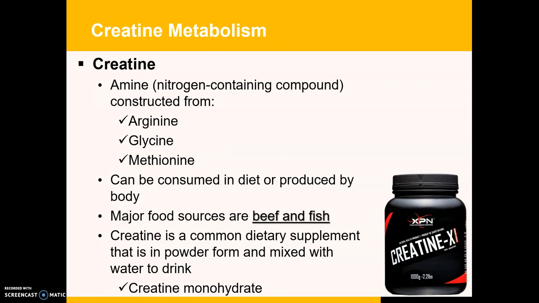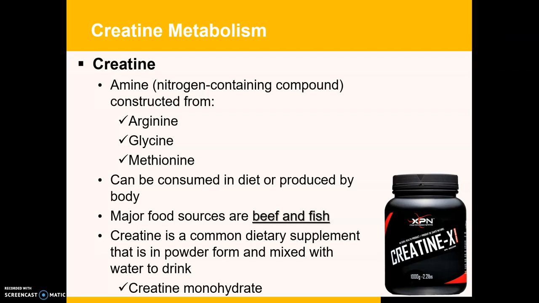Creatine is actually consumed in the diet, we know that, and also it can be synthesized in the body from amino acids. As we know, creatine is actually an amine, a nitrogen containing compound similar to a protein, that is constructed from the amino acids arginine, glycine, and methionine.